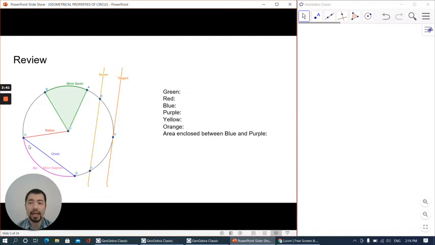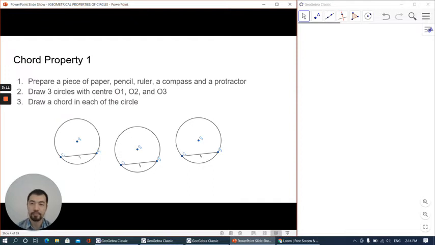The area enclosed by a chord and an arc is called a minor segment. The other part, covered by the other arc and the other side of the chord, is called the major segment. We will use a lot of these terms when we cover the geometrical properties of circle.